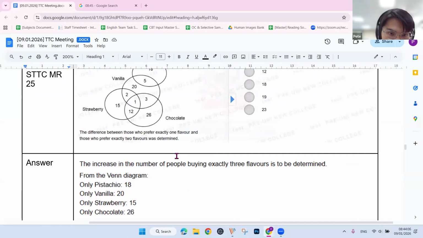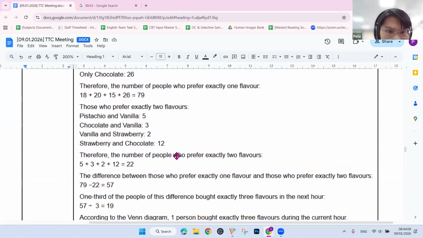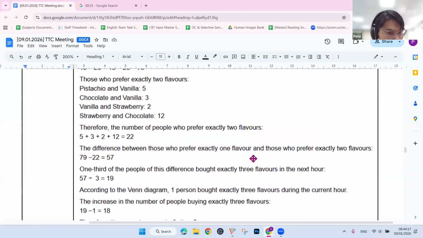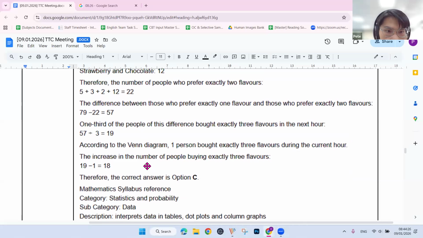Next, we find the total number of people who prefer exactly two flavors. There are 22 people. The difference between these two numbers is 79 minus 22, which is 57.